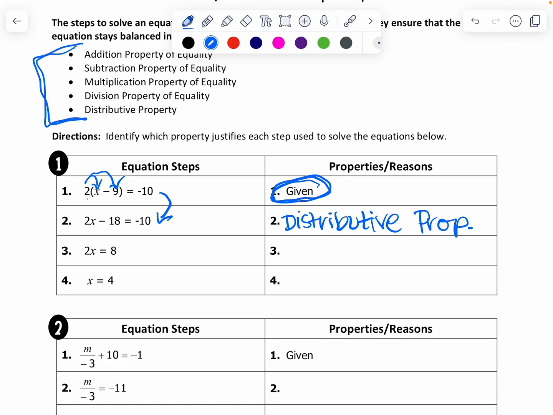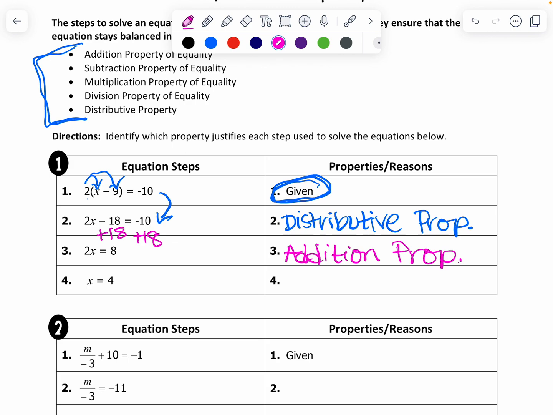Then what do we do from step 2 to step 3? If your answer is you added 18, you are right. So because you added 18, that's the addition property of equality. Okay, I can just put addition property. I know what you're meaning.